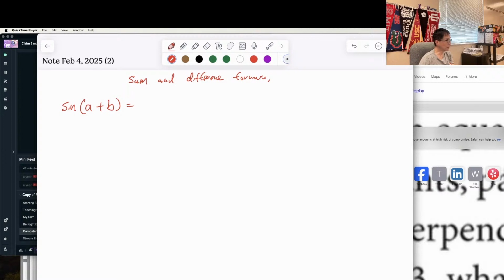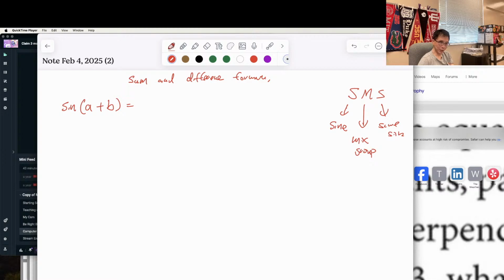Now you're gonna have to memorize this, unfortunately, but I have an acronym for you to memorize it. It's called SMS. This means sine, mixed group, and same sign. What does that mean?